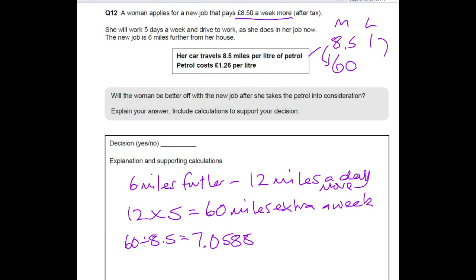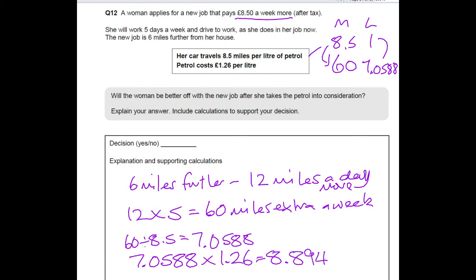So we use that on the other side, and she uses 7.0588 litres extra. So we take that number and multiply it by the £1.26 per litre, because that was the number of litres she uses extra in a week. And she has £8.894 to pay for that 7 litres.